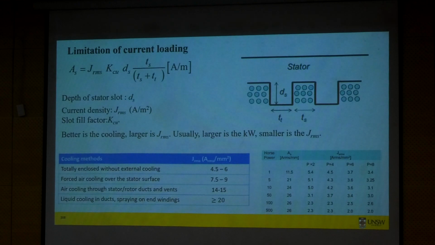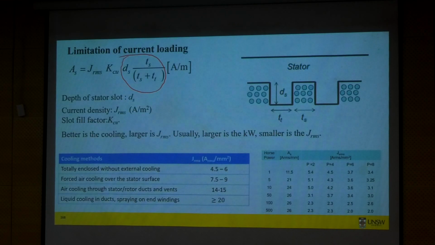If you look at the data sheet of conductors, they will tell you what current density they can withstand. That current density J RMS, which can come from the conductor's data sheet, is multiplied by the slot dimension.